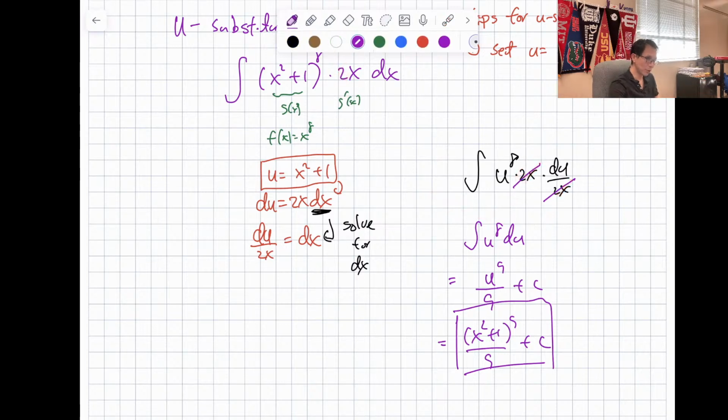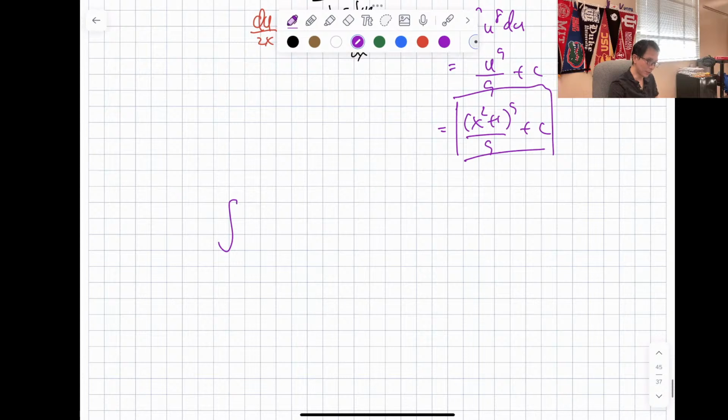Okay, so you try one. Now this one's different than yesterday's notes. I'm going to give you one like this. Actually, I'm gonna do 6x square root of 4x squared plus 4 plus 2 dx.